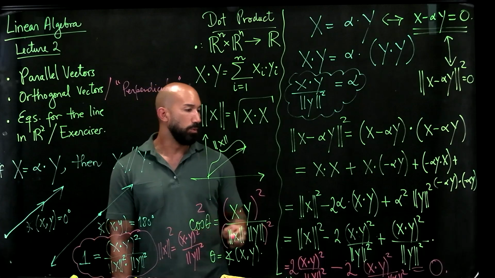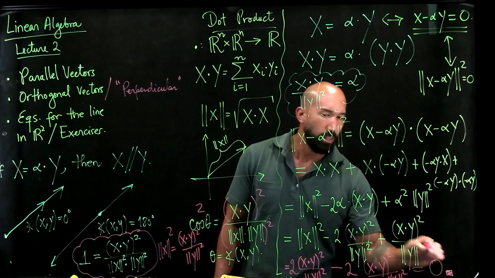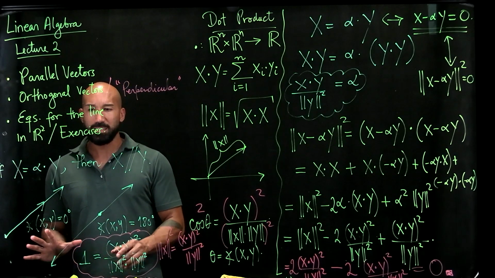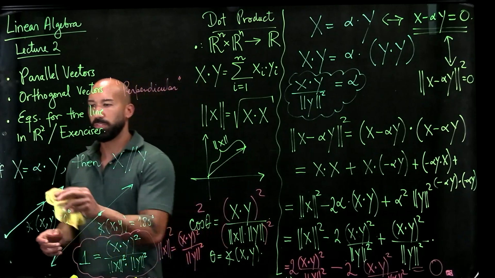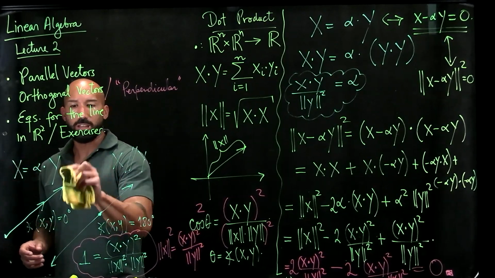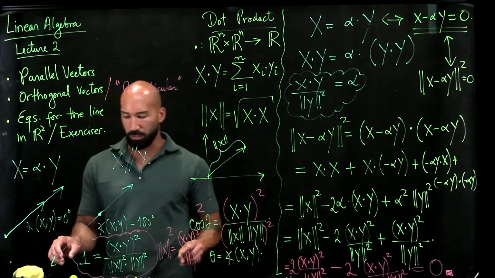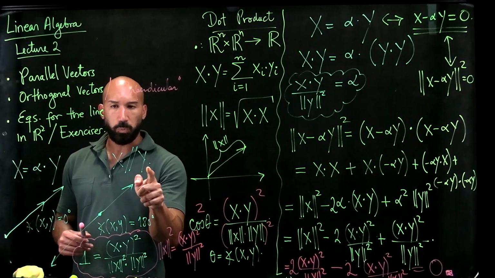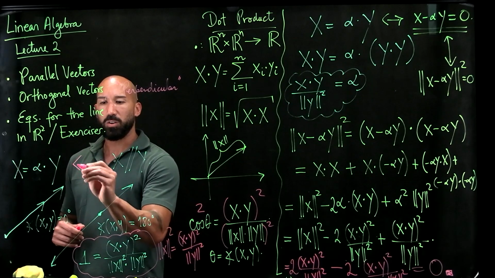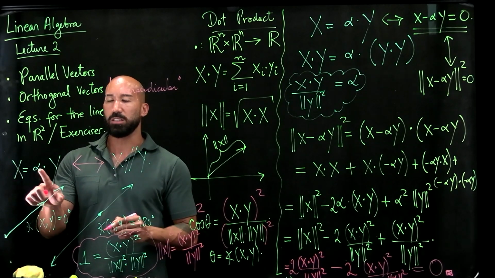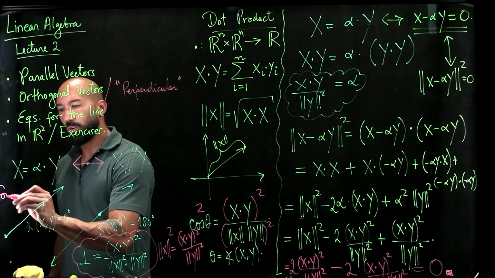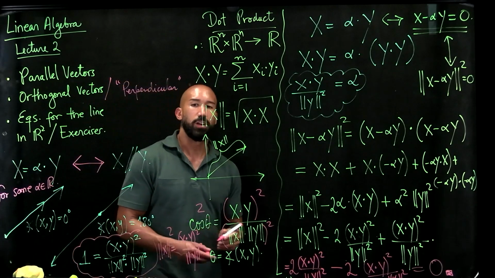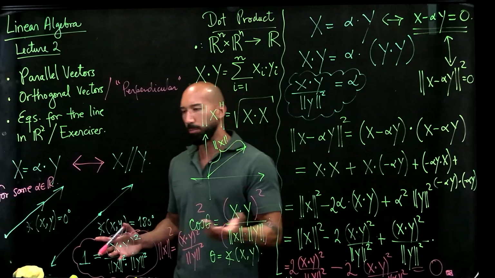Okay, and our proof is complete. All right, so now basically this is not an if-then. What we are gonna have is that the vector x is parallel to the vector y if and only if x is equal to alpha y for some real number alpha, for some scalar alpha.